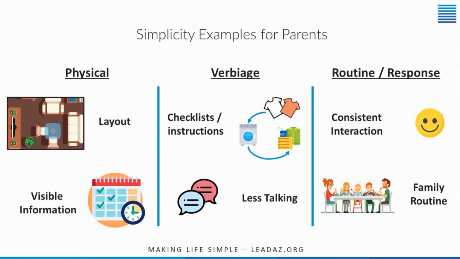So physical. Verbiage, keeping your conversation short, especially when you want to tell them something. Also making sure instructions are clear. And third is routine and response. Children like repetitiveness. They like something that's done the same way over and over again. That simplifies things. So those are the 3 ways to implement.